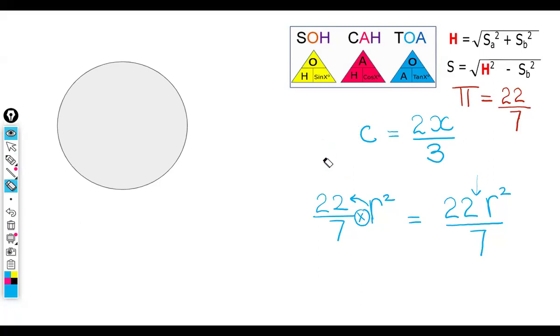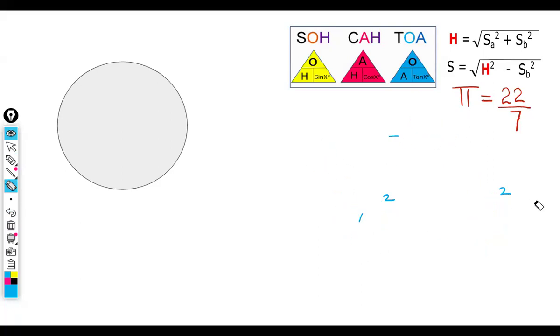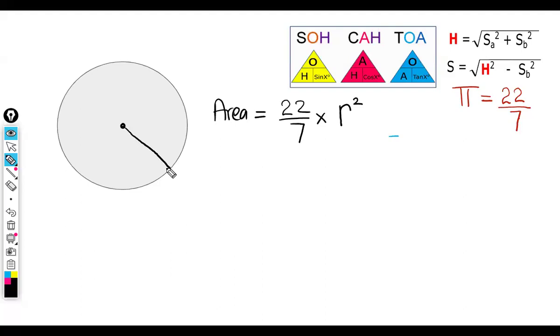So let's get started with some formulas over here, right? To find the area of a circle, the area of a circle is pi, 22 over 7, multiplied by the radius squared. Now remember, the radius is from the center of the circle to the circumference.